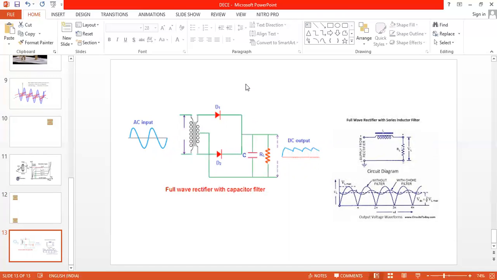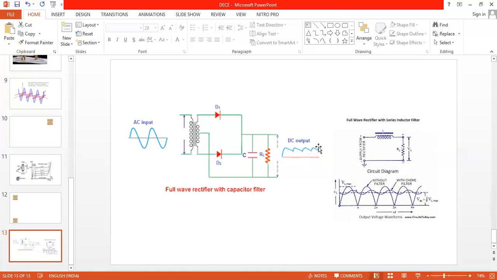The pulsated current, which is the output of the rectifier, contains AC current and DC current. That AC current is transferred through the capacitor and the remaining DC current is transferred to the output or load. So now you can see this is almost equal to DC.